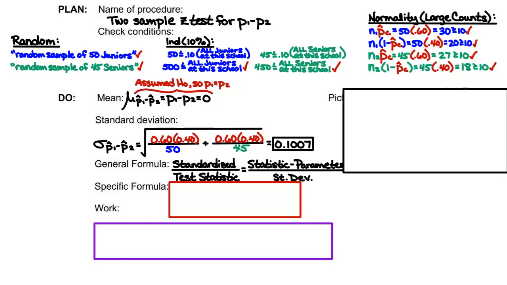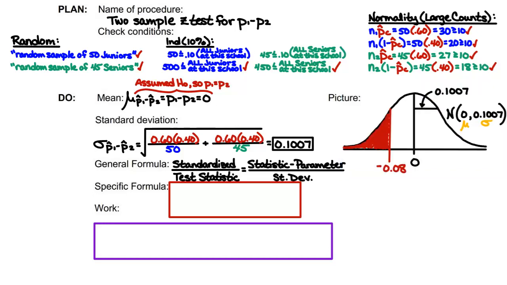What was the difference that was observed? Negative 0.08. So my picture is going to look something like this. Got the mean, standard deviation, both of them marked. It's labeled as a normal curve. And then we have our observed value on there.